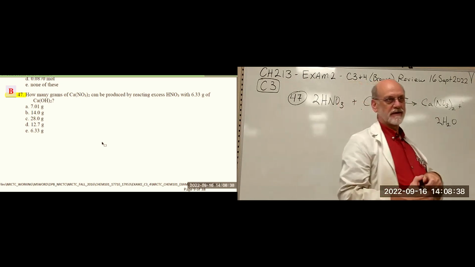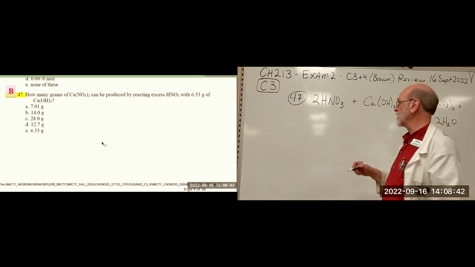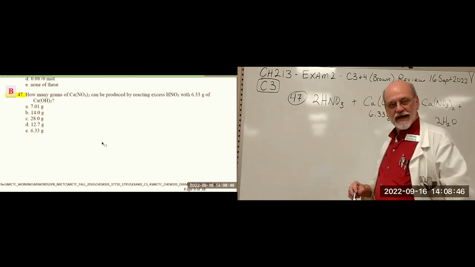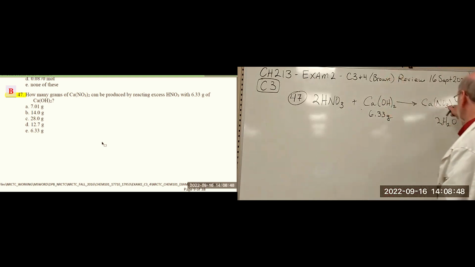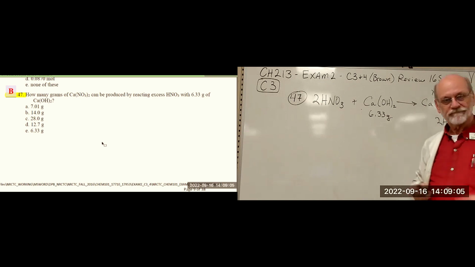Now it's balanced, and you can proceed with the question. 6.33 grams of calcium hydroxide, and it asks you how many grams of this one are produced. So you know what to do next. Convert to moles, change moles of that to moles of this, which will be equal, 1 to 1, then change it back to grams. Okay?